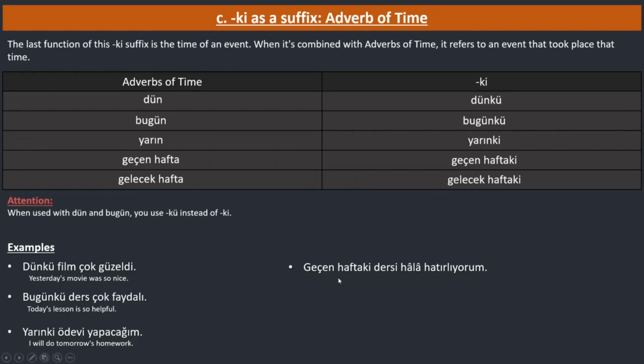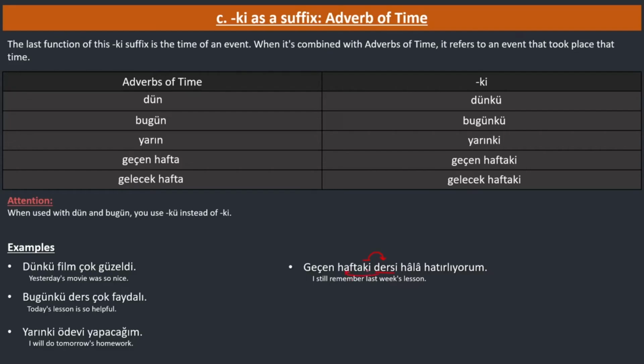And back to my example. Geçen haftaki dersi hala hatırlıyorum. Geçen hafta, here it means last week. And when I put ki, I can actually draw it here. This ki refers to ders, or maybe ders that belongs to geçen hafta.